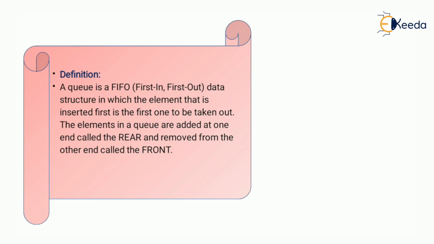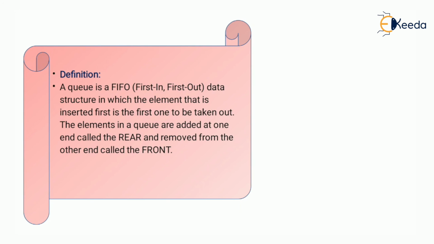So from the front we delete the data, and from the rear end we insert the data. Just remember that. This is the principle of a queue that we have to follow.